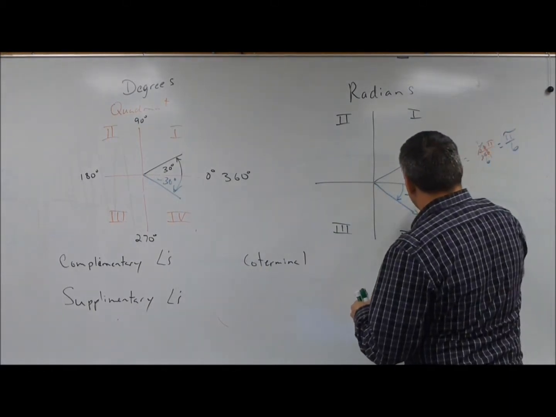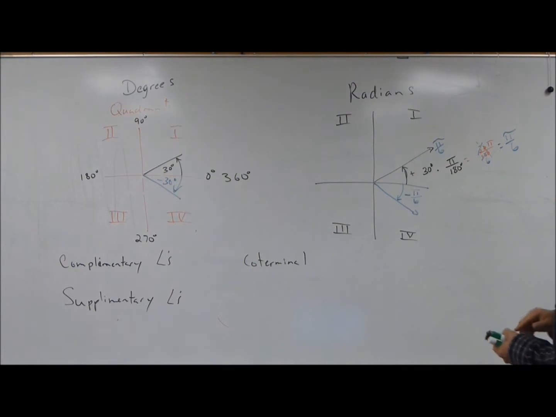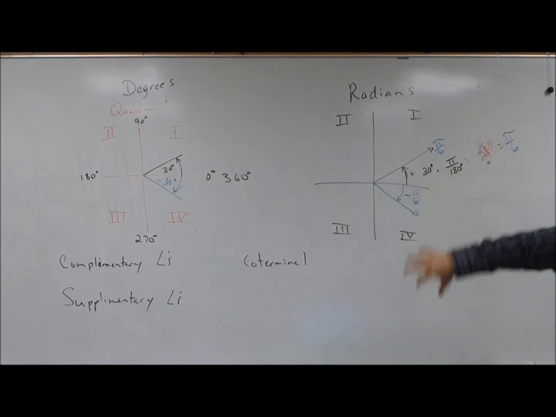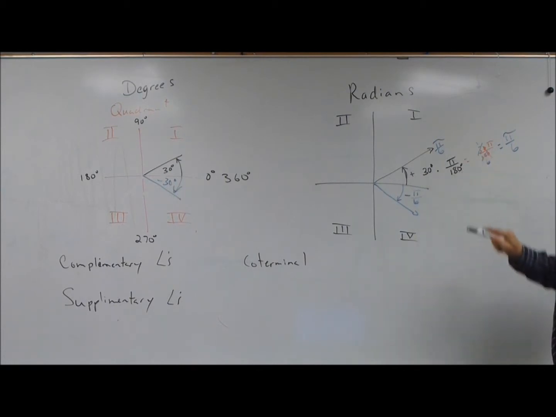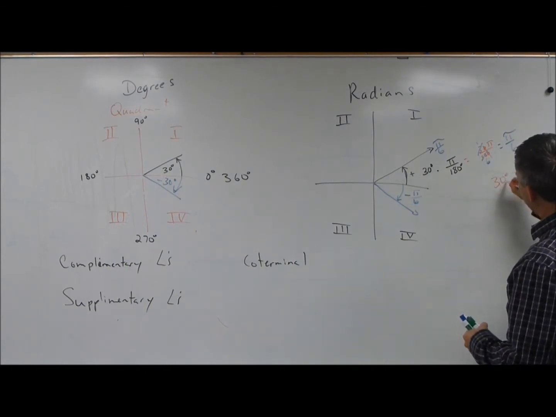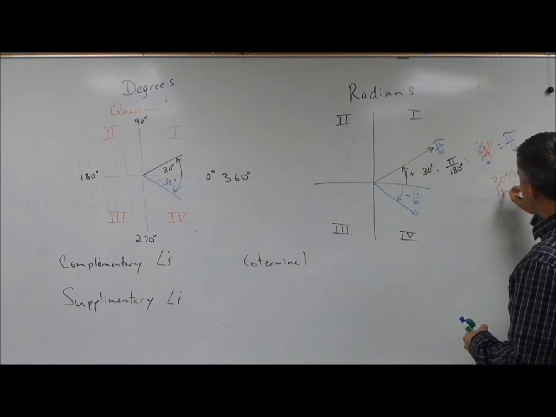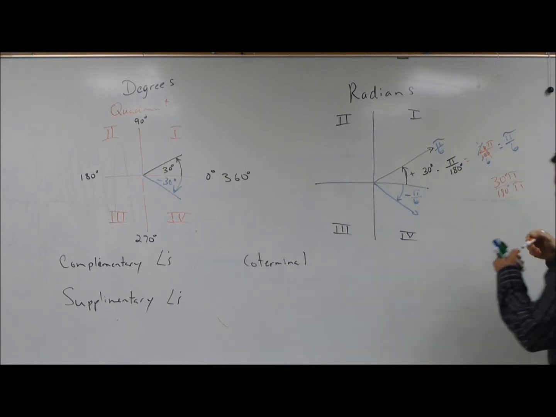Now, once again, to change degrees to radians, I take the 30 degrees and multiply it by pi over 180 degrees.